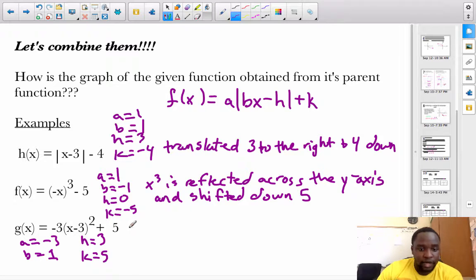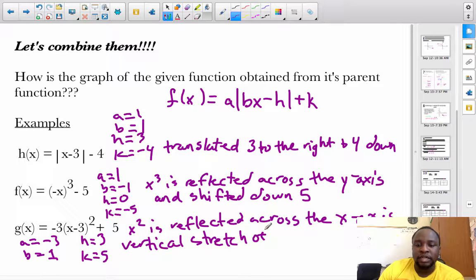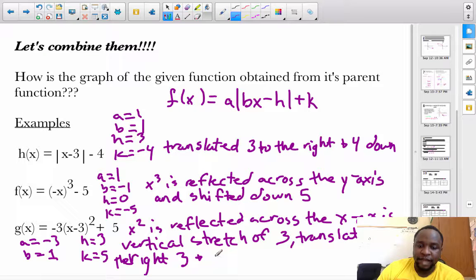So we have x squared, which is not only reflected across the x-axis, there's a vertical stretch of 3, and it's translated to the right 3 and up 5.